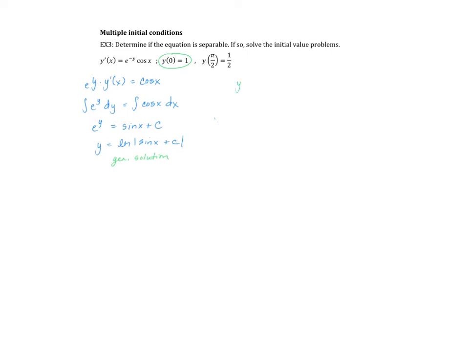So if I look at the initial condition that y of 0 is equal to 1, then 1 is equal to natural log of sine of 0 plus our constant c. And sine of 0 is just 0. So we have 1 is equal to the natural log of c.